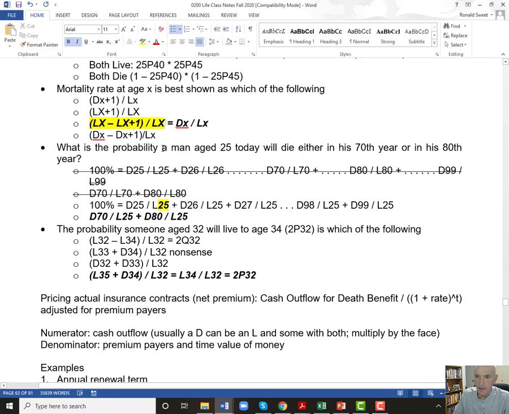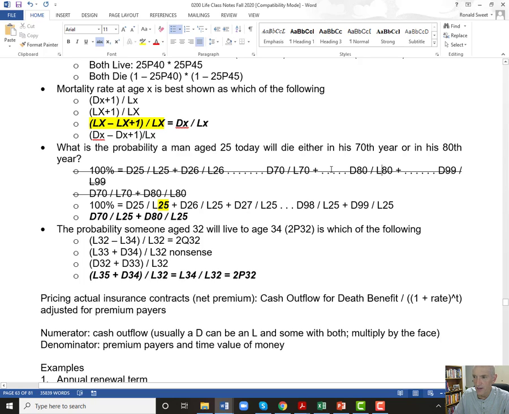What is the probability a man aged 25 will die either in his 70th year or his 80th year? Now one thing to be careful of, if you take D25 over L25 plus D26 over L26 plus D70 over L70 plus D80 over L80, that does not add up to 100%.